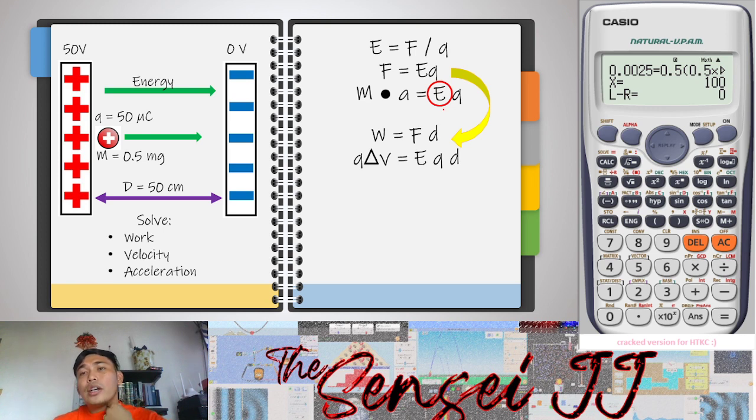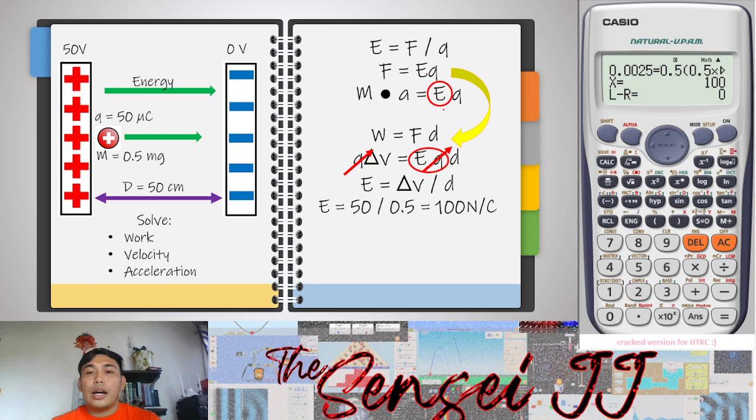This force can be rewritten as EQ, or electric field times the charge. That's why we can rewrite it as EQD. Okay? So we can cancel our charge. You can see that we canceled the charge here, and we have our formula of electric field equivalent to delta V all over the distance.